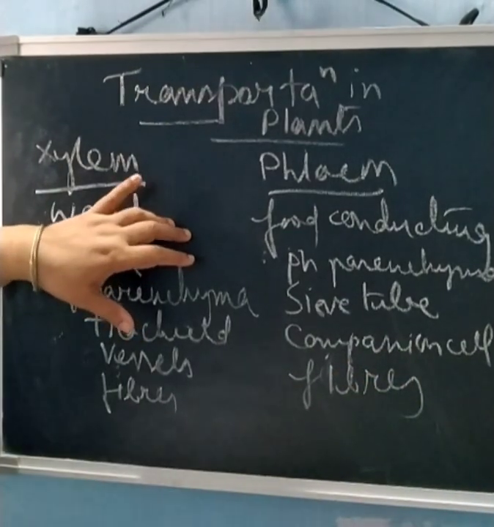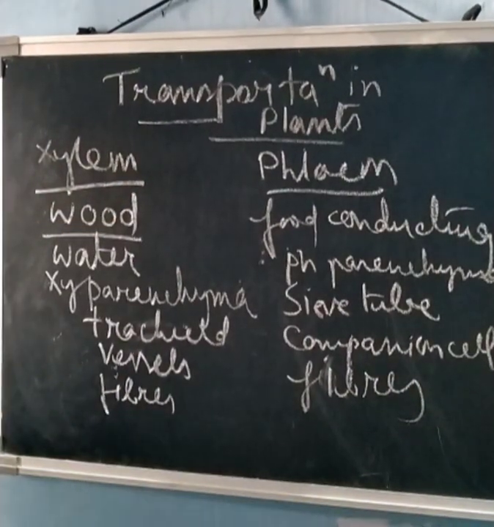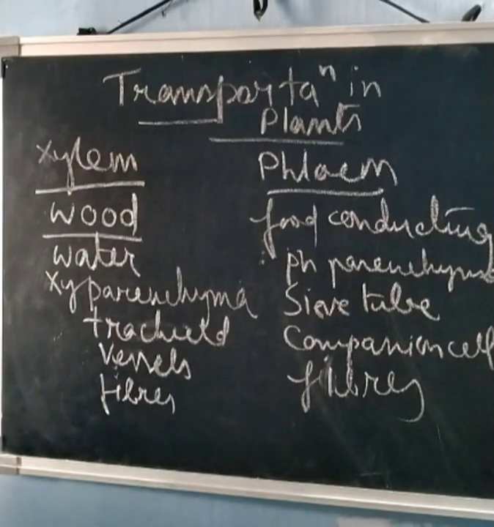So these are the four components that make the phloem a food conducting tissue, and it is also a complex permanent tissue.